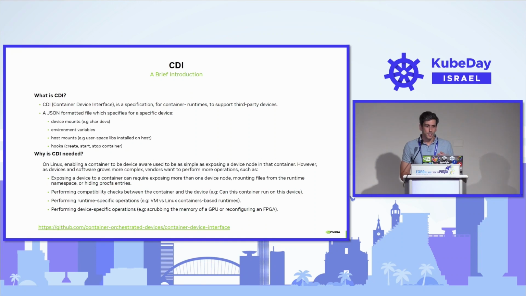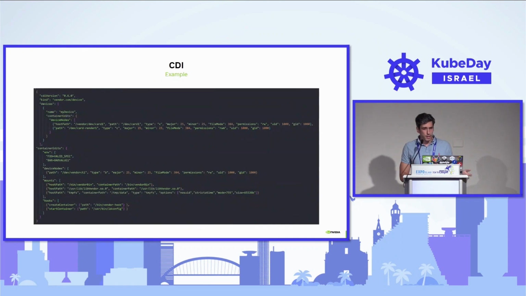It's a standardized way to expose devices to containers. It gets consumed by the container runtime, like containerd, CRI-O, to expose devices to the container, and that's an example of a CDI device specification. You can dig into it later.